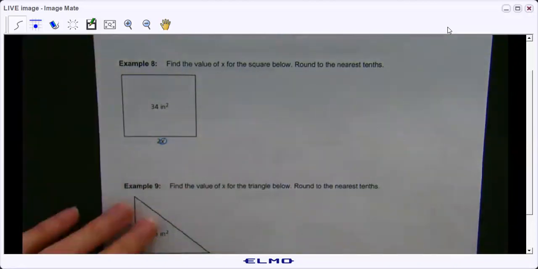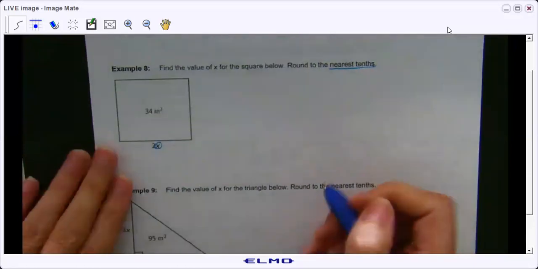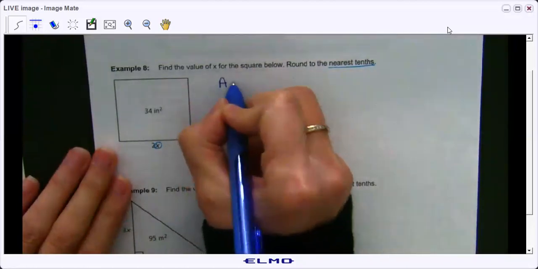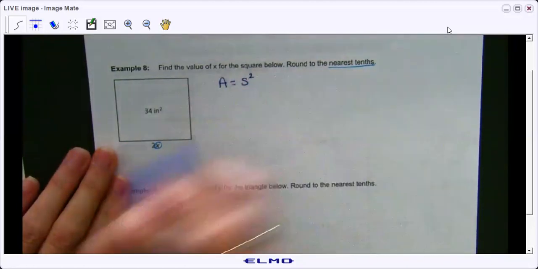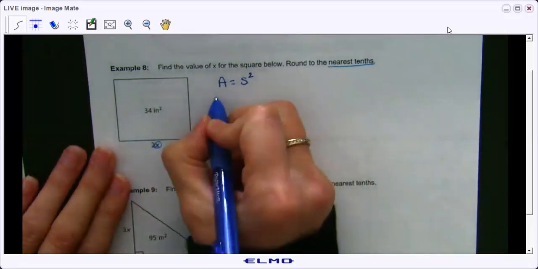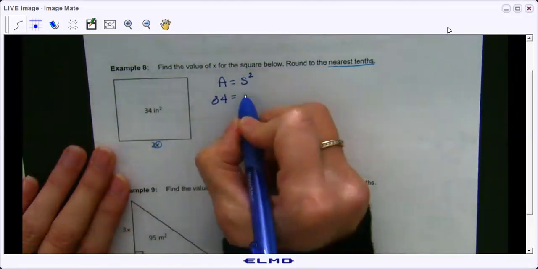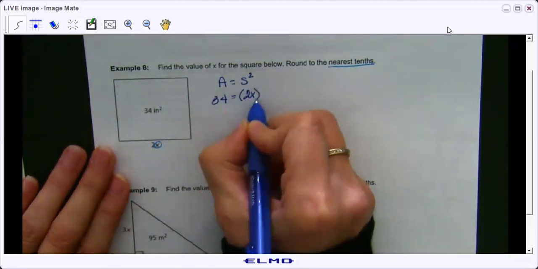And then it tells us to round to the nearest 10th, which means that we are going to end up using our calculator on this one. So our formula is area equals s squared, and we're going to plug in what we know. The area is 34, and each side is 2x, and then we have to square that.